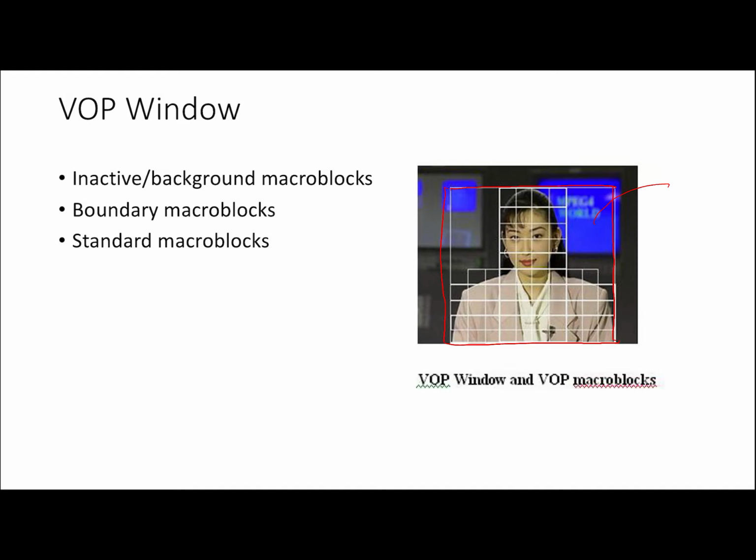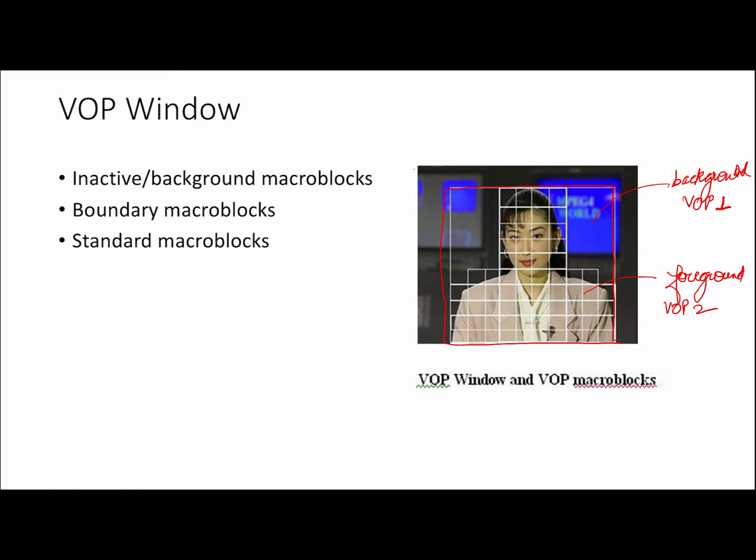If we consider this image, this can be called the background or VOP1, and this lady is called the foreground. The lady can be considered as foreground or VOP2. So what we do is we define a rectangular bounding box for each VOP.